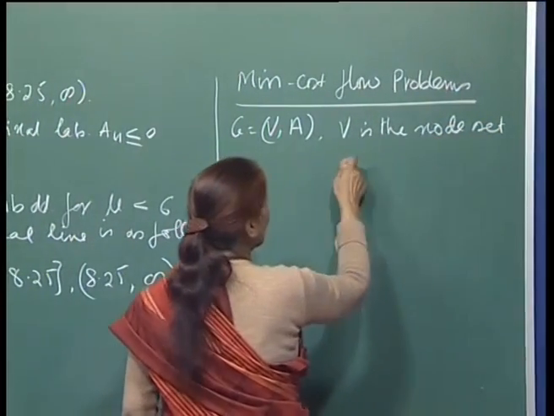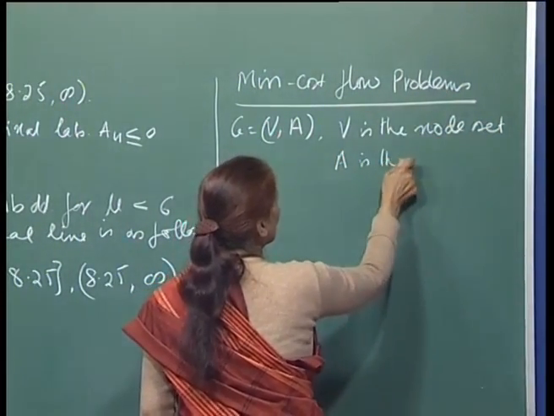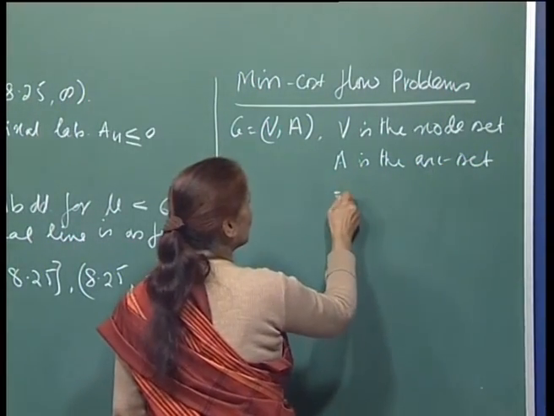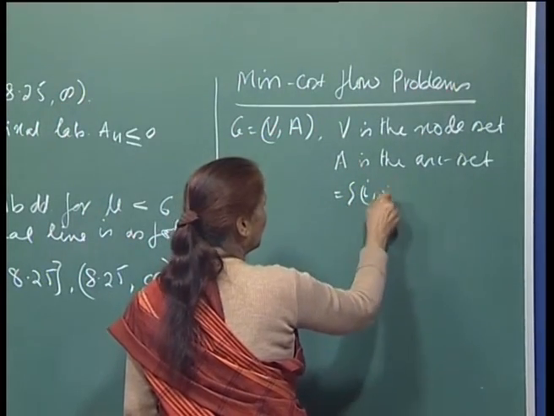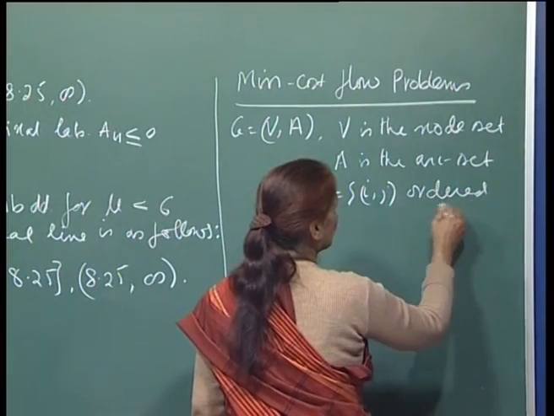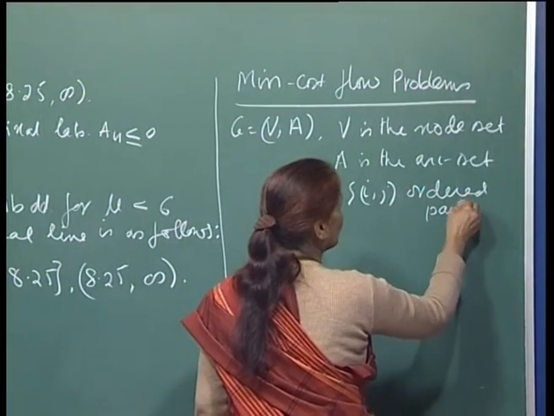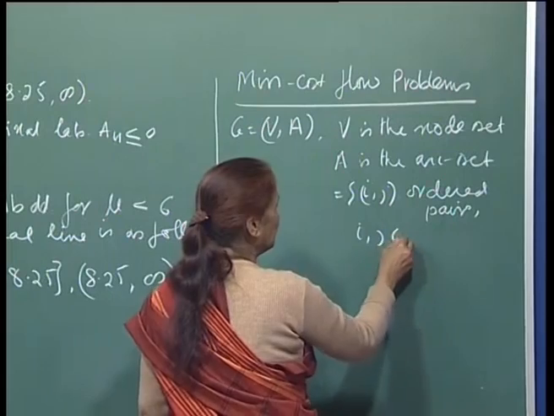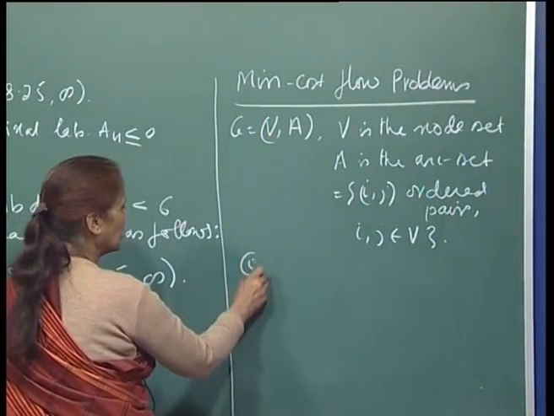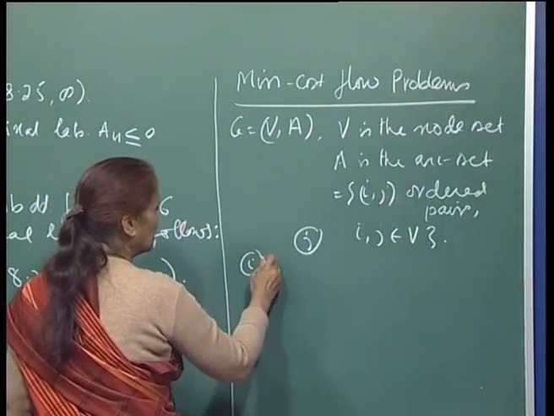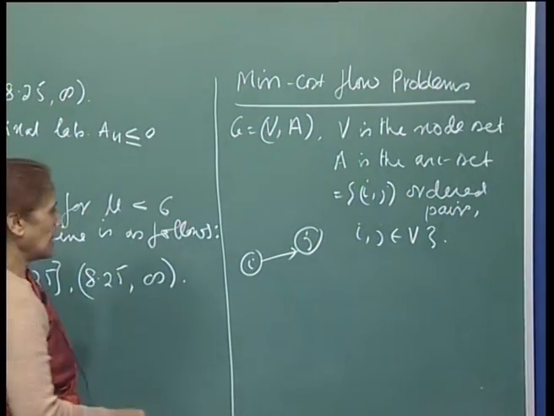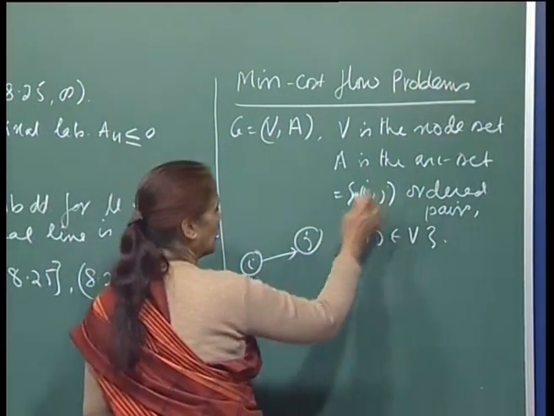So, I will just redefine, and A is the arc set, that is A is the set of ordered pairs I j for I and j belonging to V. So, that means you have a node I and you have a node j. The idea is you have a directed arc, that means you can go from I to j, and so this is the ordered pair I comma j.